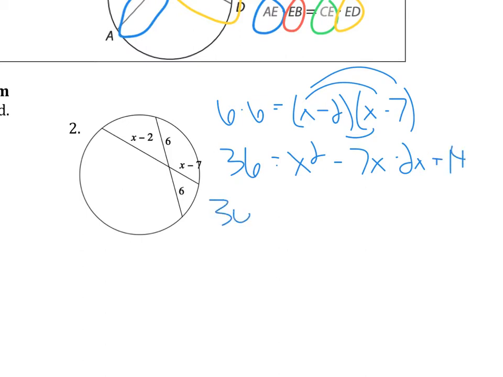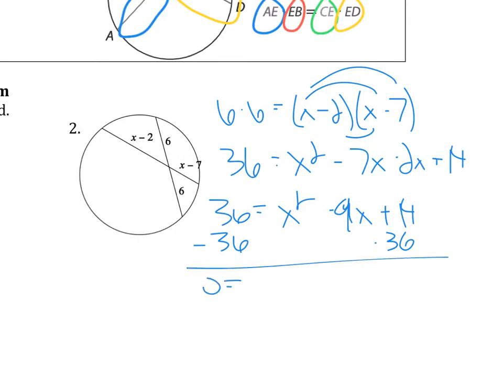So we get 36 equals x squared minus 9x plus 14. Subtract that 36, and we get 0 equals x squared minus 9x minus 22.